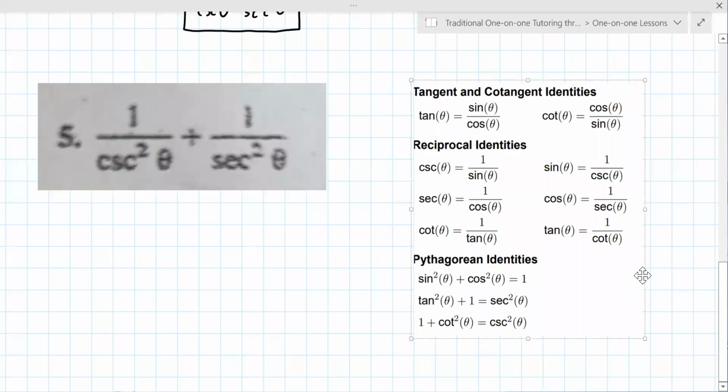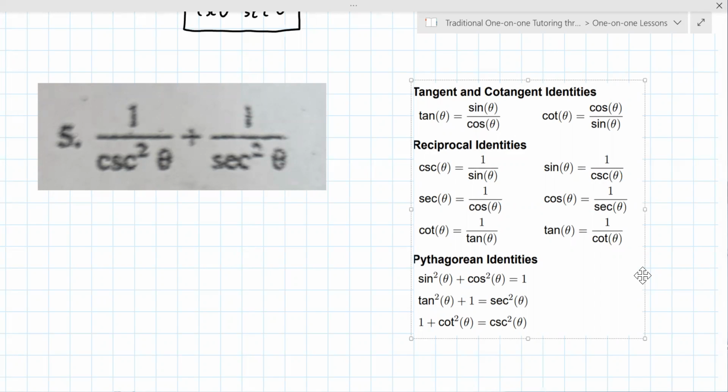All right. So when we look at number 5 here, does anything stand out to you? Well, it's already simplified with the top.